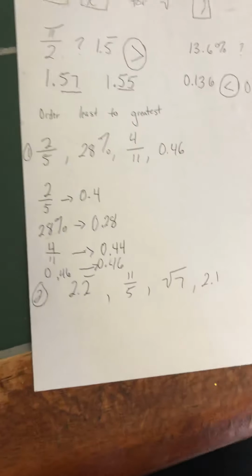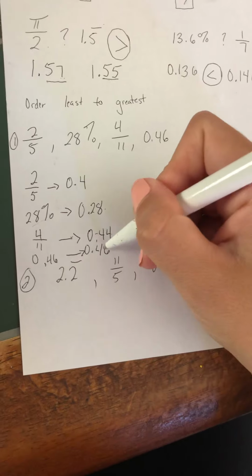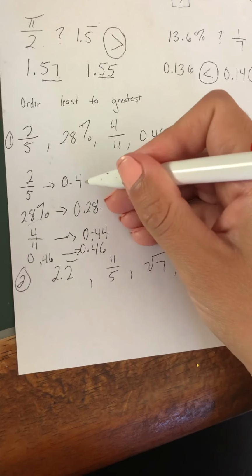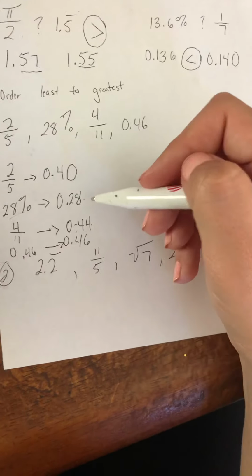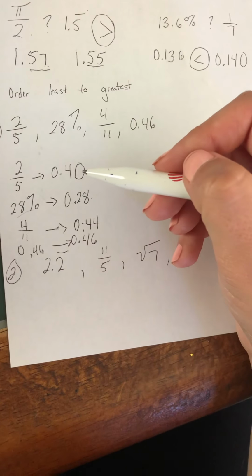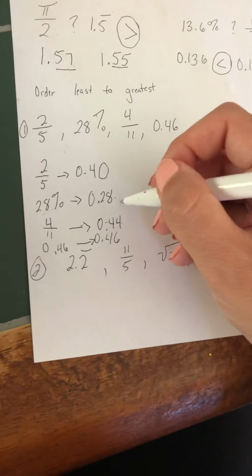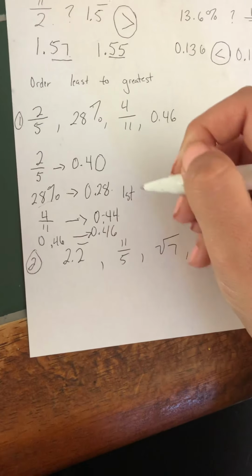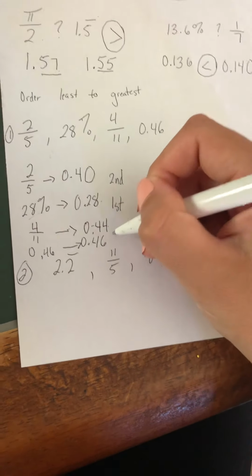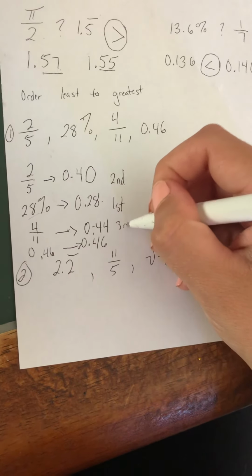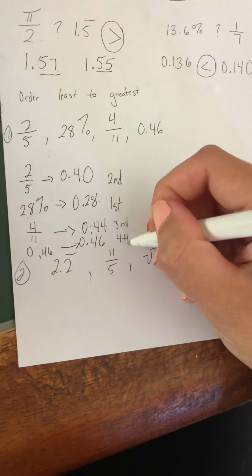Okay, that's that. Now all of these have 2 numbers after the decimal, so I'm going to put a 0 here, just as a placeholder. So you're looking at the numbers up here: 40, 28, 44, and 46. The smallest number up here is 28, so this one will go first. The second smallest is 40, third is 44, and fourth is 0.46.